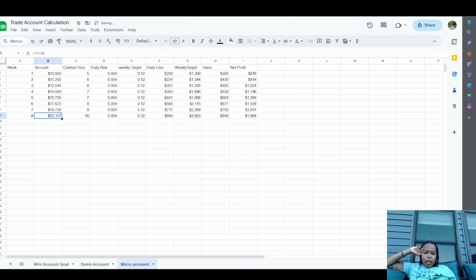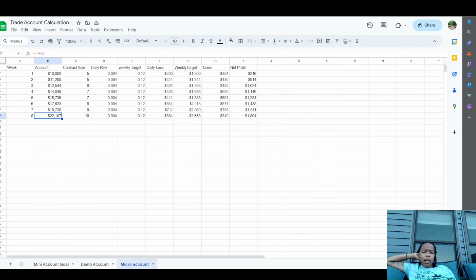I've been taking a look at the weekly target. 1200, 1112, add that in, add that in. If I am massively diligent, it would take me 8 weeks, which is approximately 2 months, to make 20K, to double my money trading the micros with this particular target.